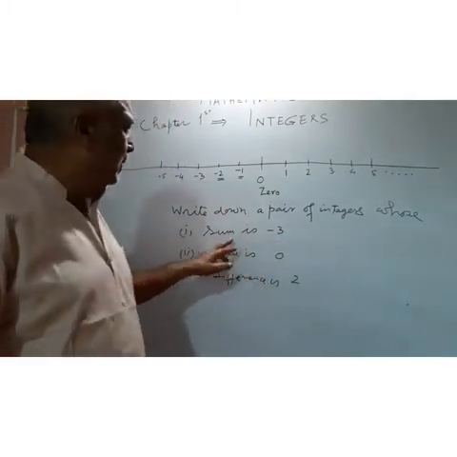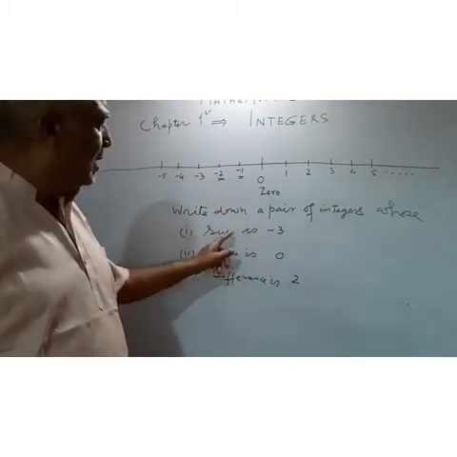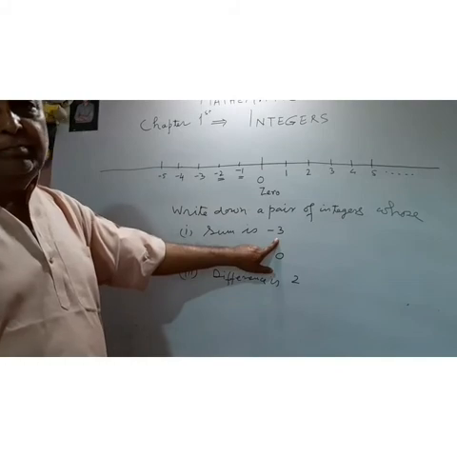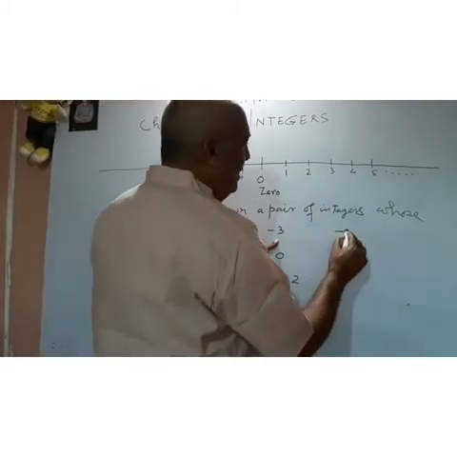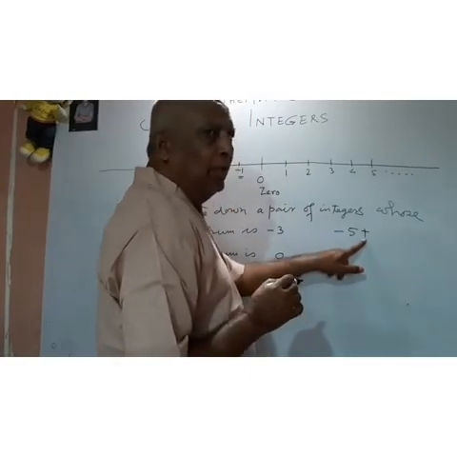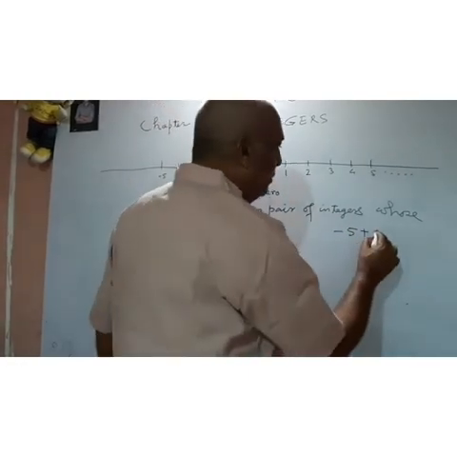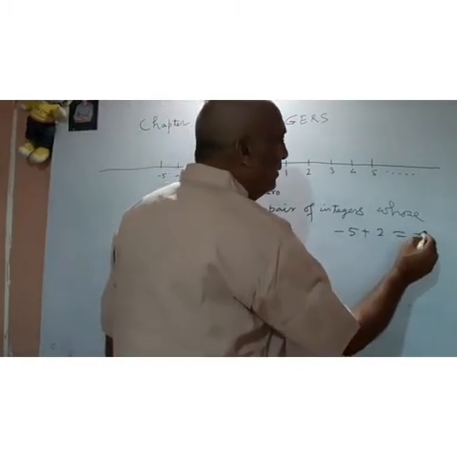You see here, you have to choose the two numbers whose sum is minus 3. Very simple. Minus 5 plus sum. Plus means sum 2. This will make you minus 3.